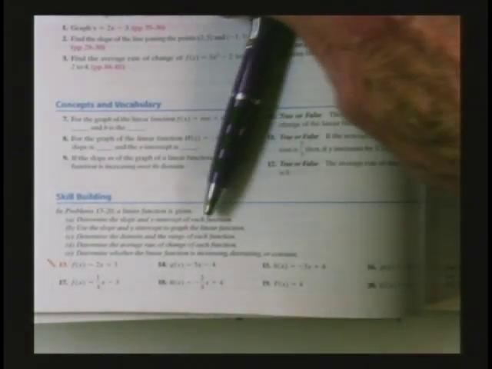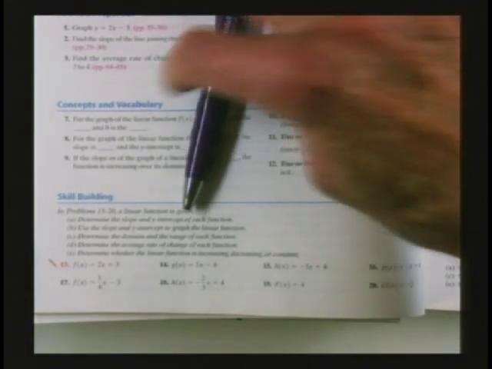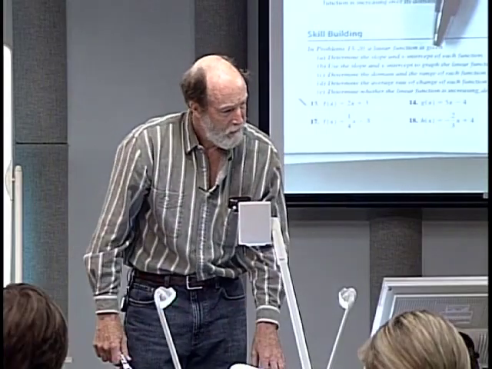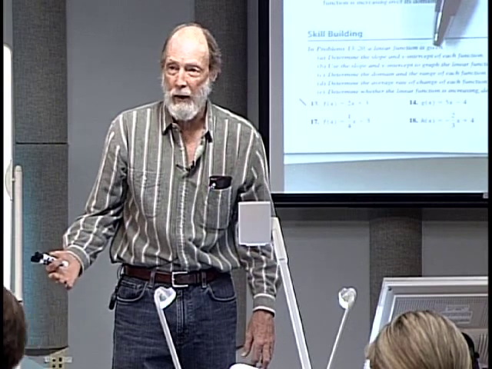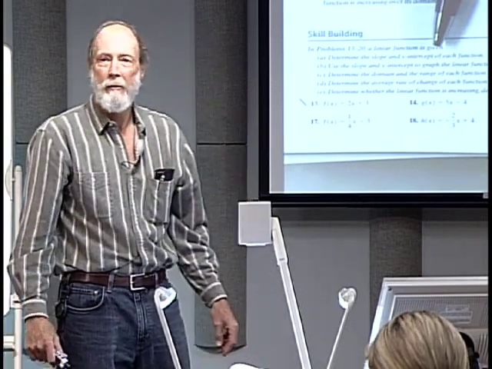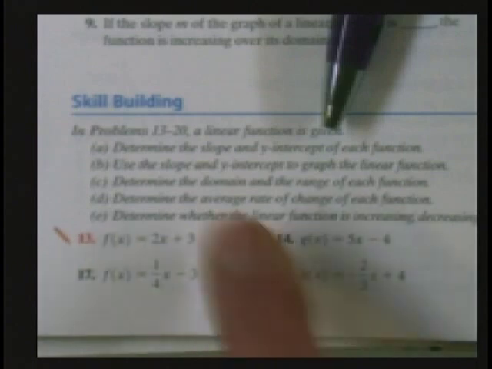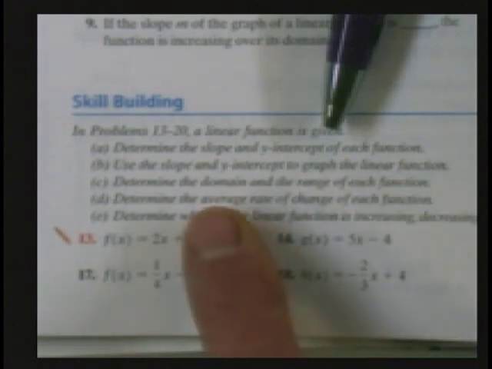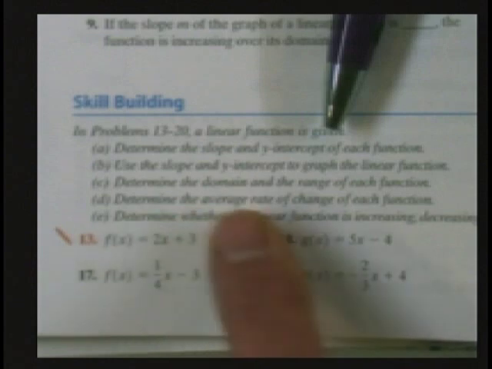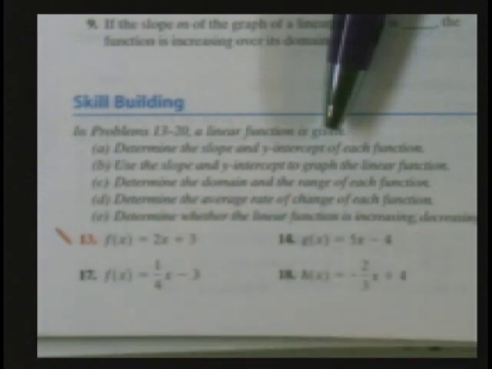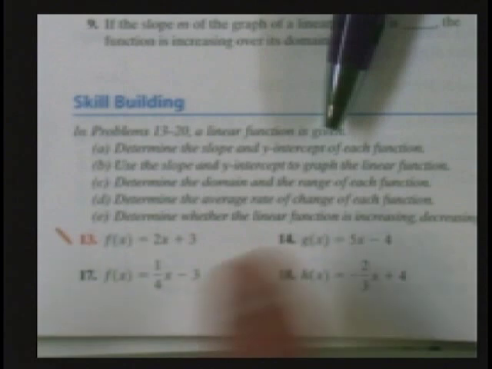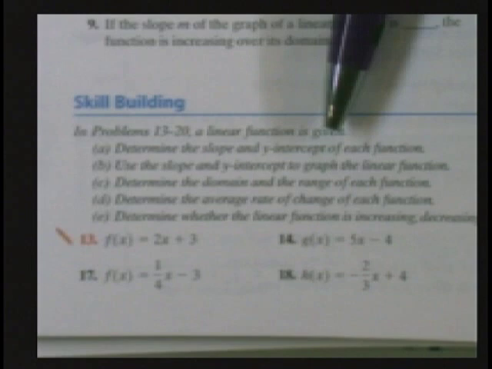This is taking you back to your beginning algebra background. Linear functions are given, and you'll notice it says determine the slope and y-intercept, use the slope and intercept to graph the equation, determine the domain and range, and then determine the average rate of change, and is the linear function increasing, decreasing, or constant.